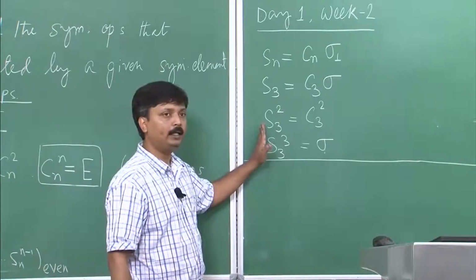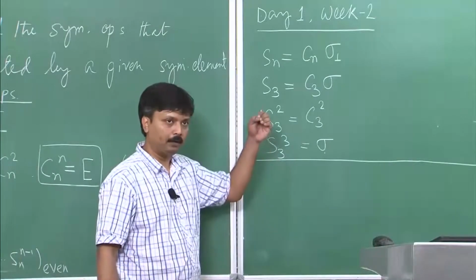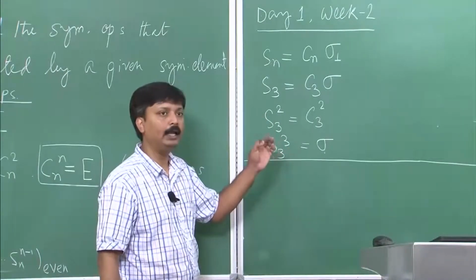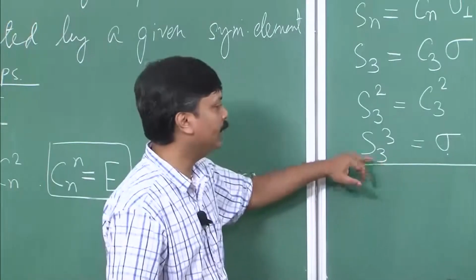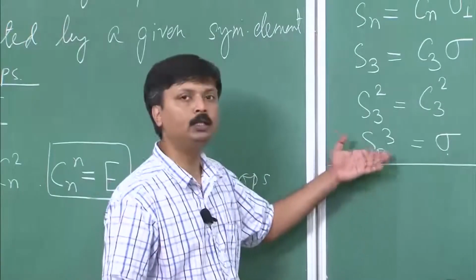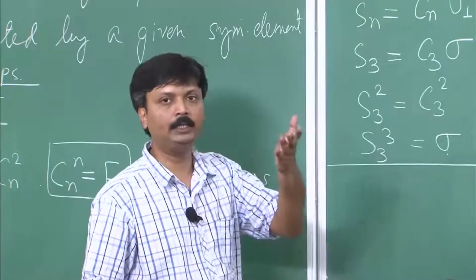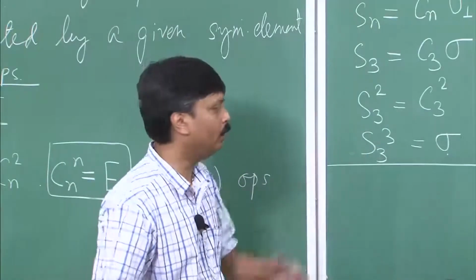When I operate Sn n times, I generate a sigma when n is odd. This is true irrespective of the order. If I take S5, then S5^5 is sigma. It's easy to find out because S5^5 means C5^5 sigma^5. Sigma^5 will generate sigma and C5^5 will generate E. So you end up with only sigma.